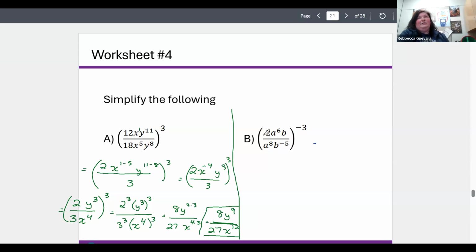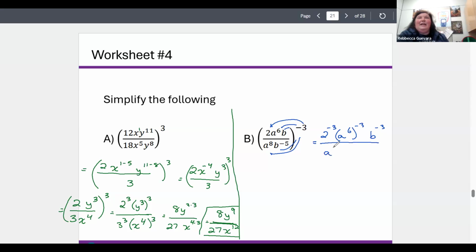Okay, so B, same thing. Let's simplify everything in the parentheses first. Well, actually, let me do this the other way. Let me distribute the negative 3, and then we'll simplify. So like I said, I could do this rule first. I could distribute my power. That's going to give me 2 to the negative 3 times a to the power of 6 to the power of negative 3 and b to the negative 3.